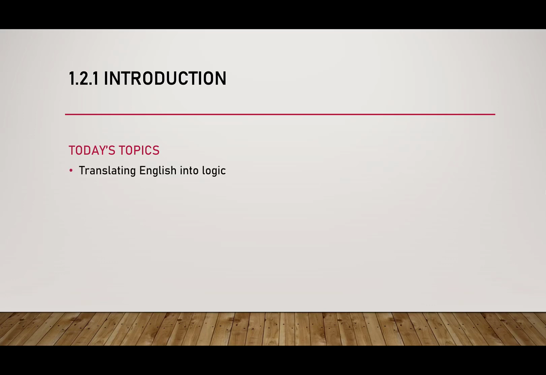The first thing we're going to look at is how to translate English into logic. And that gets back to this idea of creating mathematical arguments, right? If you start off with just an English sentence, English language is very ambiguous. Speak to anybody who has learned English as their second or not their first language, and you will see that it's a really weird and tricky language to learn and to wrap your head around, and there's so much ambiguity in the language.